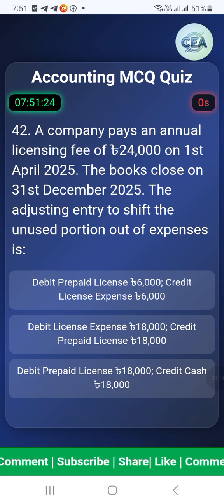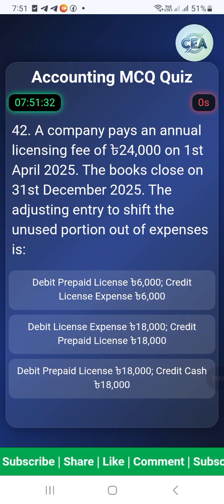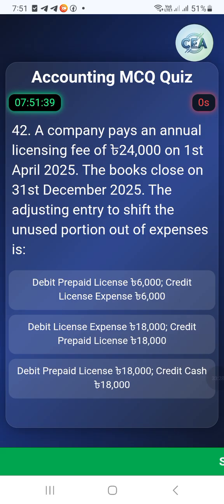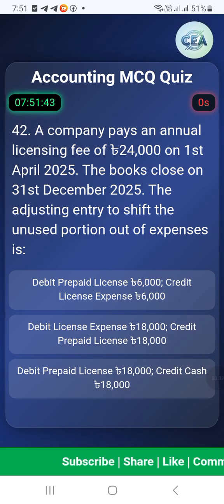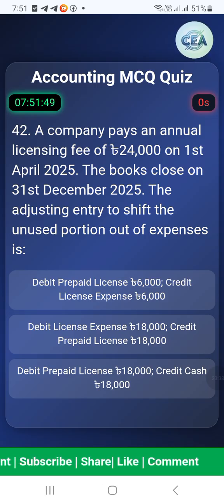42. A company pays an annual licensing fee of 24,000 takas on the 1st of April 2025. The books close on the 31st of December 2025. The adjusting entry to shift the unused portion out of expenses is Option 1. Debit prepaid license 6,000 takas, credit license expense 6,000 takas. Option 2.